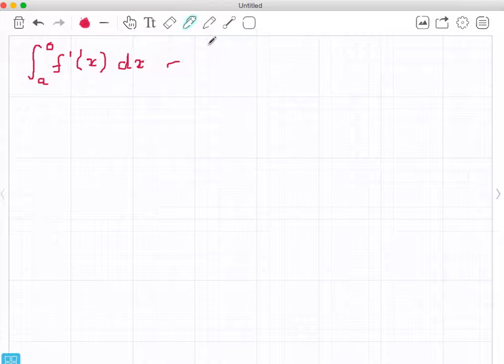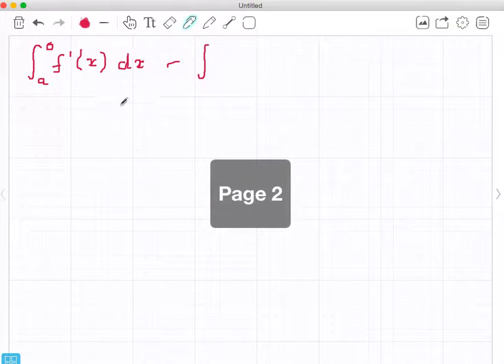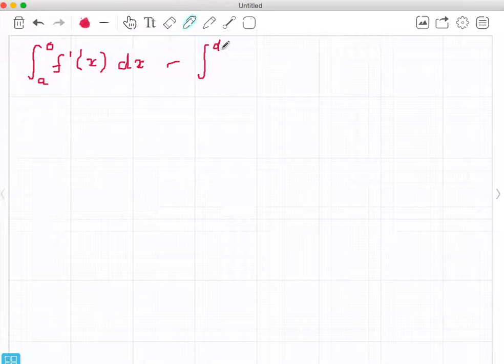And then I want to add on, I'm going to leave this as a minus for the minute. I'll show you why. Because I'm going to add on this area. But this area is a negative because it's below the axis. So instead of adding these two areas, I'm going to do this one, take away this one. And that minus will negate the negative area that comes out. So this is D and 0 for the limits. And this is f'(x) I'm trying to find, dx.